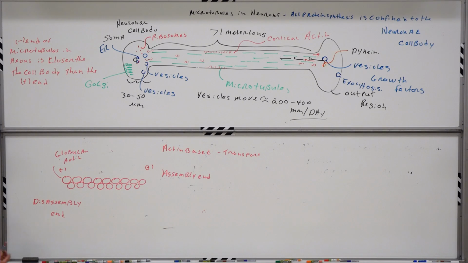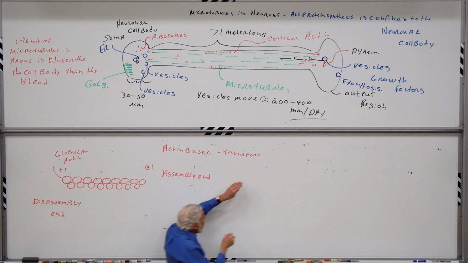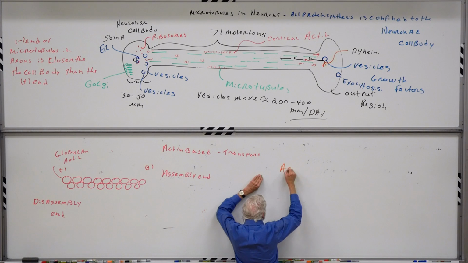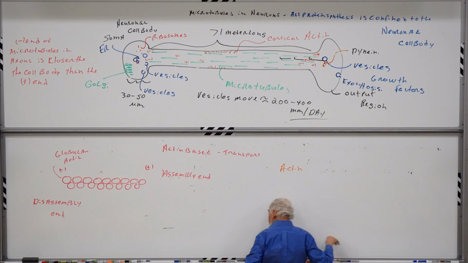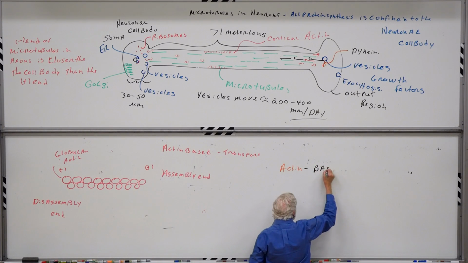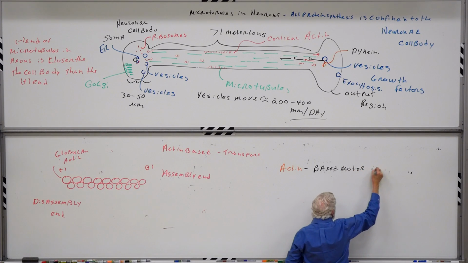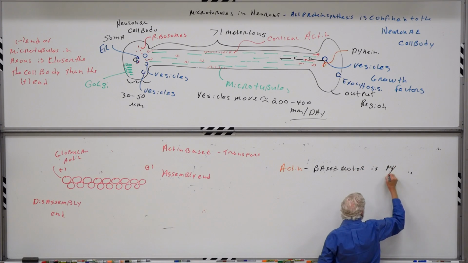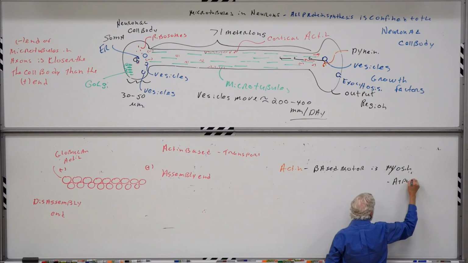And as with the microtubules, there is a motor. But now the motor is another molecule. The actin-based motor is myosin. It too is an ATPase.